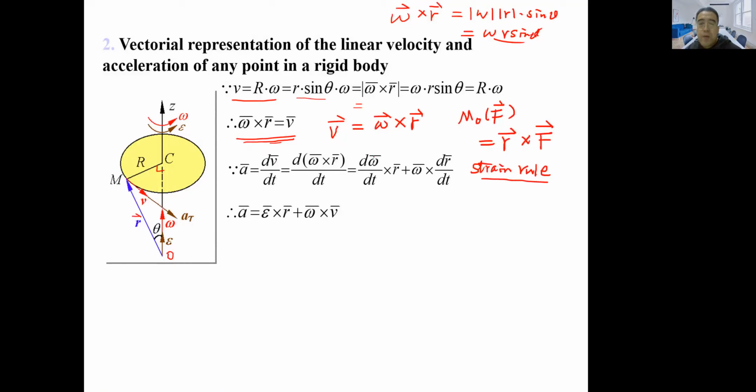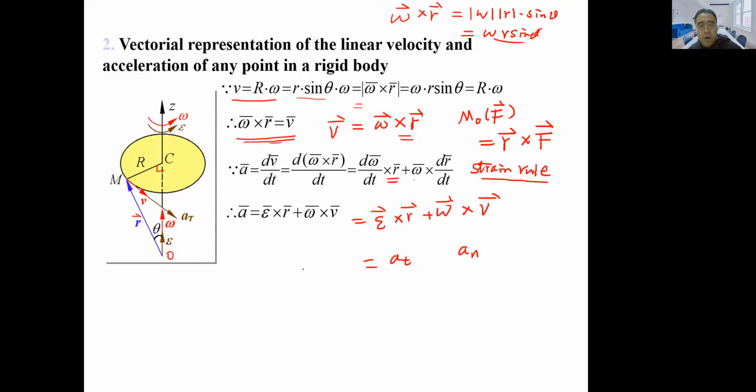Then we can find, because d omega dt actually equals epsilon, the angular acceleration, cross product R, plus omega cross product dr dt, which is V, right? So actually this one is AT, and this one is AN.